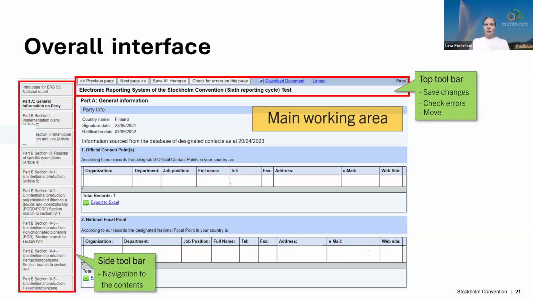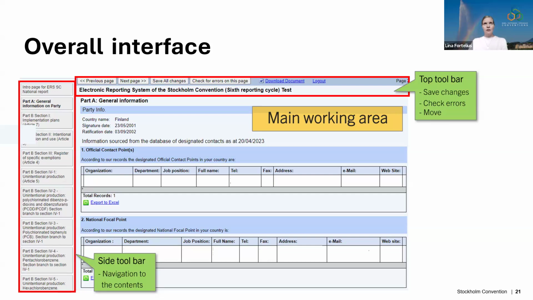And the top toolbar contains links that will take you to the previous or next page of the ERS while saving your content. So here you can also find links to download the document. And in this page, there will be 2 links.